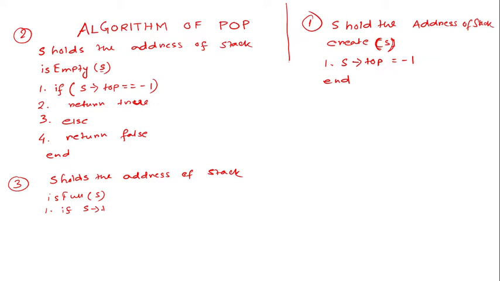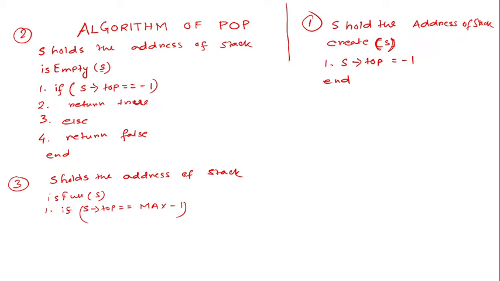Here you need to write: if S top is equal to max -1. So you need to check whether the value of top of the stack is max -1. Here max is the maximum size of the stack.